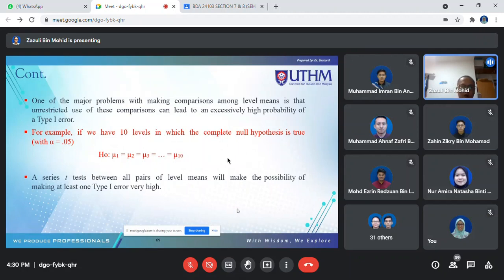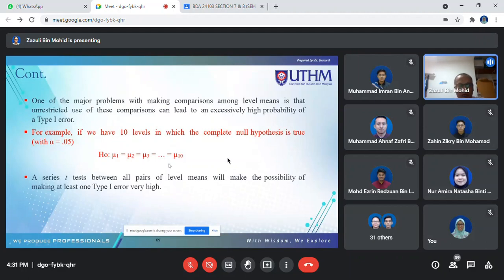One of the major problems with making comparisons among level means is that unrestricted use of these comparisons can lead to an excessively high possibility of type 1 error. For example, if we have 10 levels in which the complete null hypothesis is true with alpha 0.05, we have to do analysis on a large amount of data by repeating calculations, comparing the null hypothesis and the alternative hypothesis.